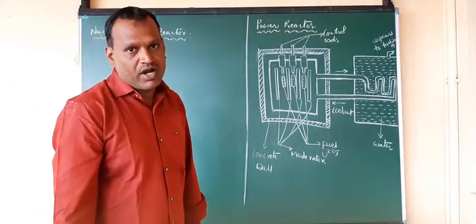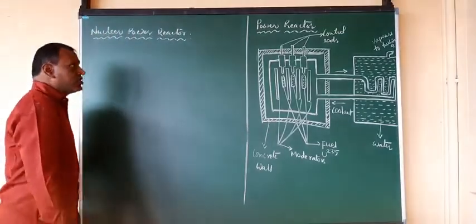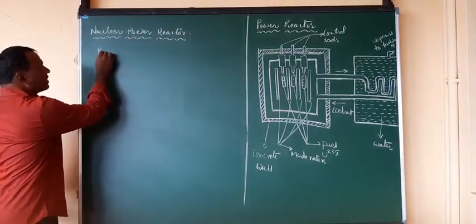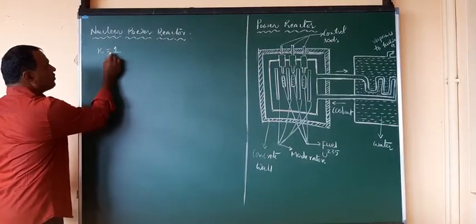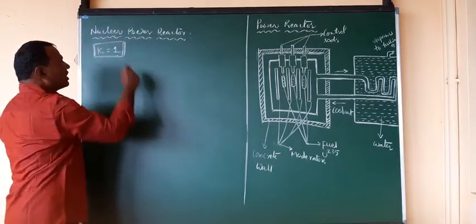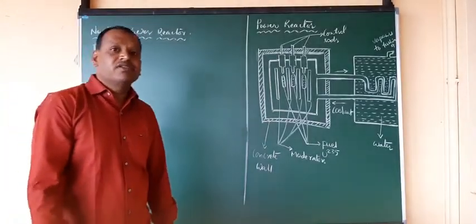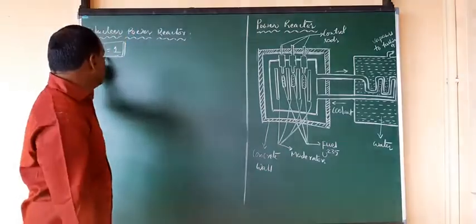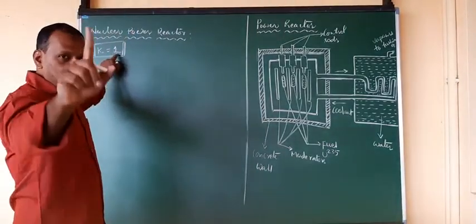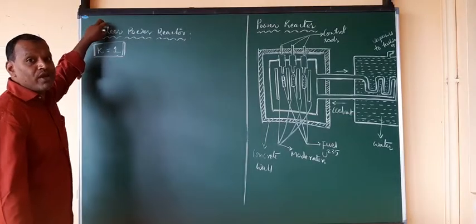For that, the neutron multiplication factor should be equal to 1. So this is the principle involved in the nuclear power reactor, right? It works on the principle that the neutron multiplication factor should be equal to 1.